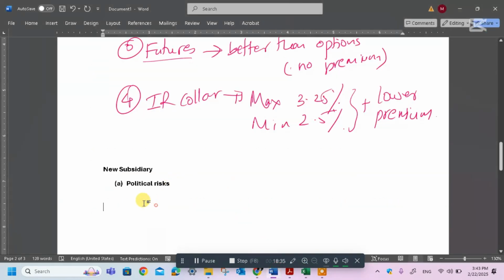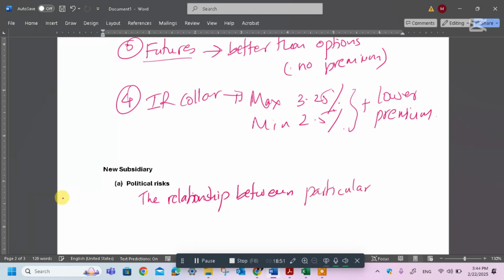Alright, so political risk. First one is very obvious. The relationship between this particular country that we are considering and the rest of the countries in the region. Why am I worried about that? It's very obvious.